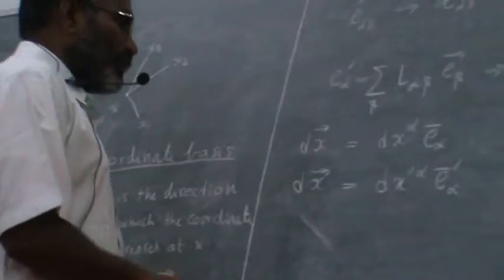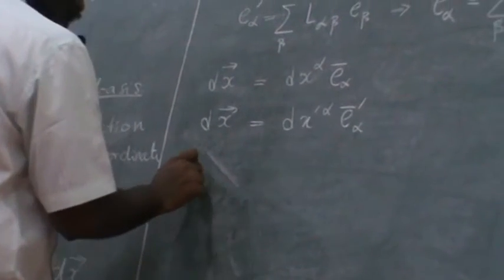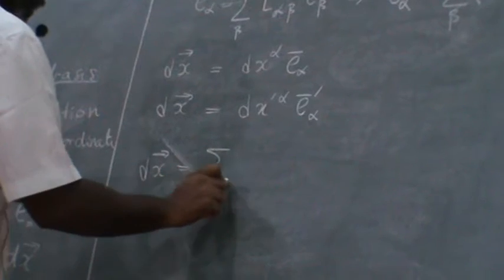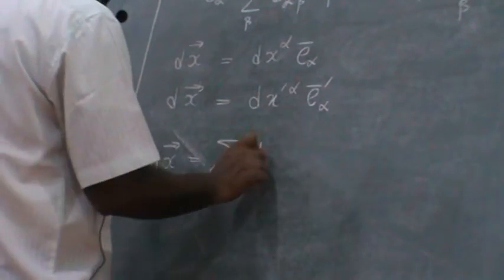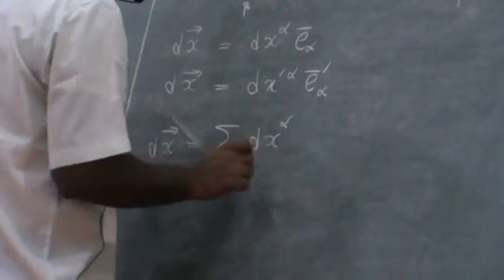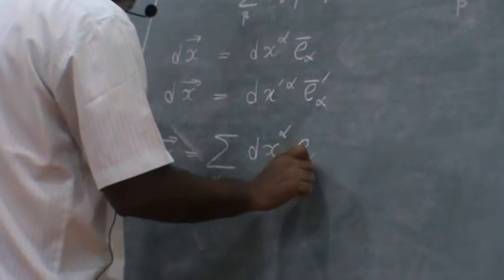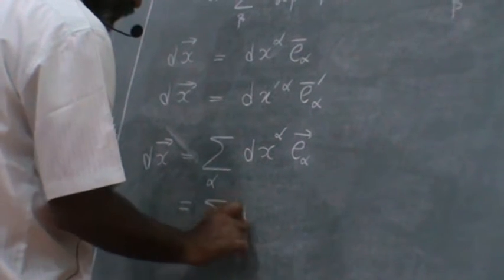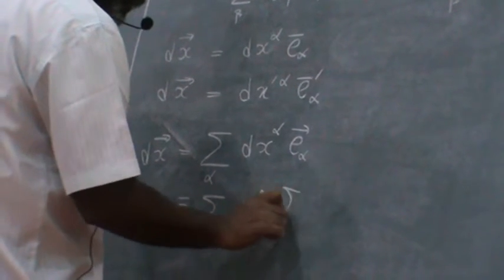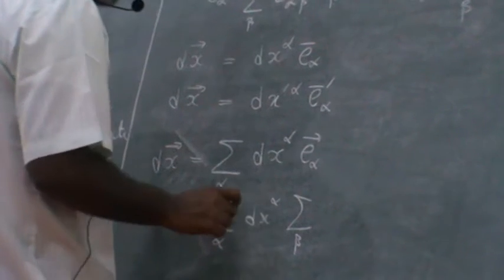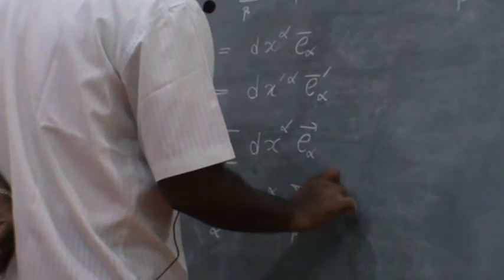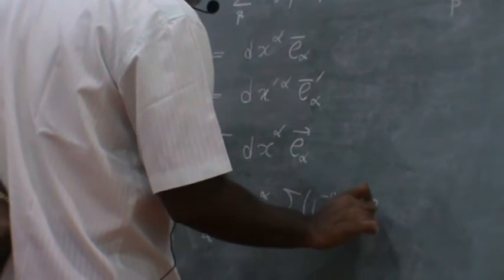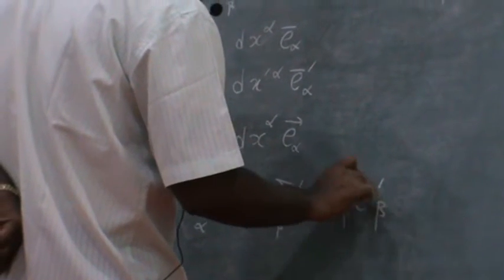So supposing I start with that, remember that dx can be written as sum over alpha dx alpha e alpha, which is nothing but sum over alpha dx alpha into sum over beta L inverse alpha beta into E prime beta.